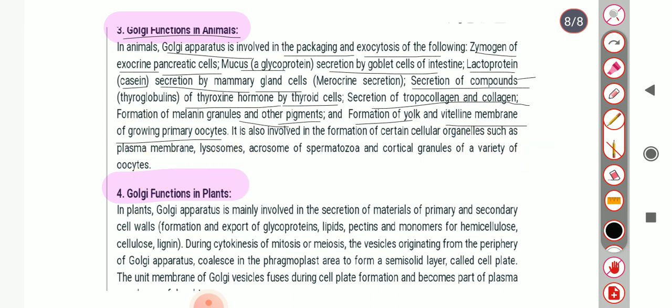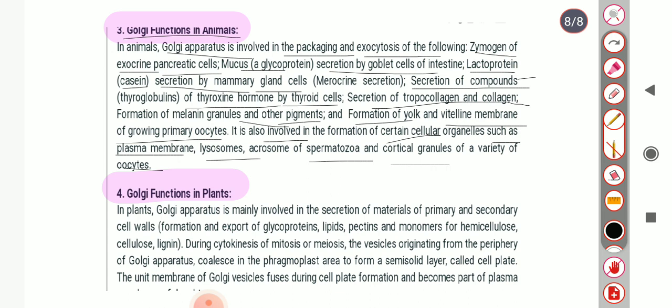When primary oocytes are growing, it also helps in the formation of the vitelline membrane. It is also involved in the formation of certain cellular organelles such as plasma membrane, lysosomes, acrosome of spermatozoa, and cortical granules of a variety of oocytes.